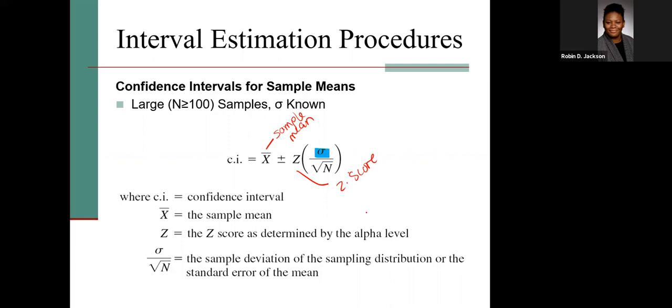Or if you have a 95% confidence level, we have the alpha of 0.05. And then when you split it in two, you find that Z-score. And the Z-score, if I remember correctly, was 1.96. That's what we would have right here. And it just depends on whatever our confidence level is going to be.